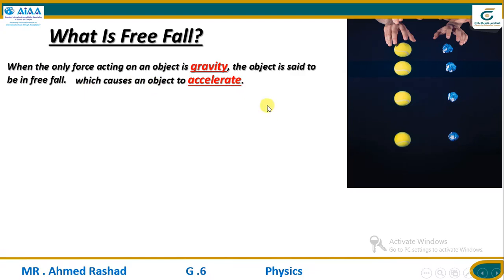When the object starts to fall down with gravity, its acceleration starts to rise. What's the meaning of acceleration or accelerate? That means changing the speed over a change in distance, or here the height.